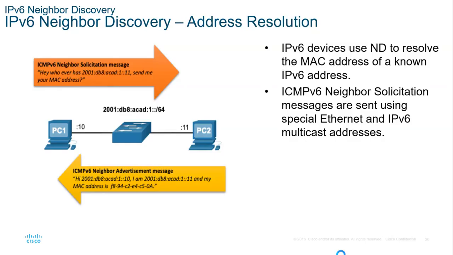So here we have this topology where the two devices are on the same network, and the request used is neighbor solicitation. This computer says, hey, whoever has this IPv6 address, send me your MAC address. This computer knows the IP address, but the MAC address is not known.